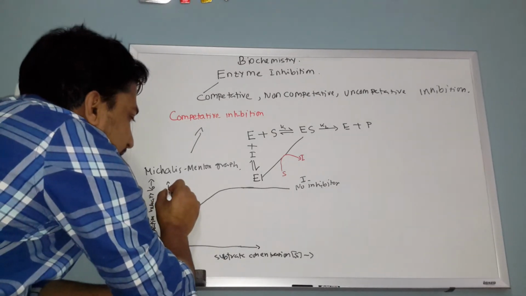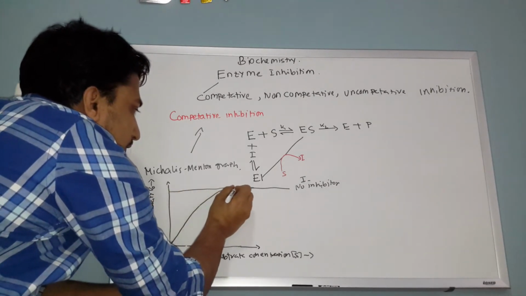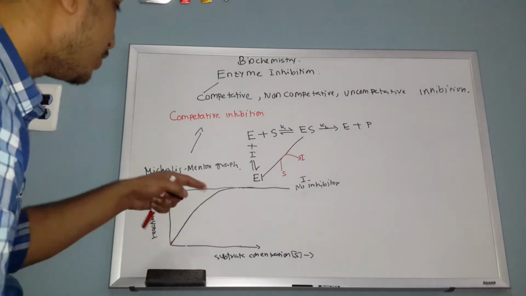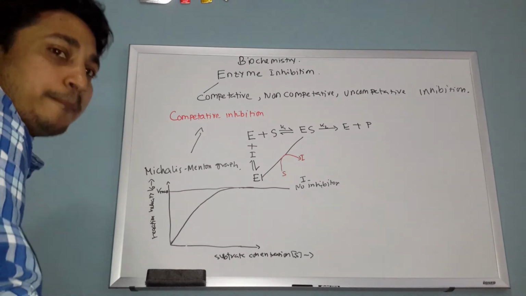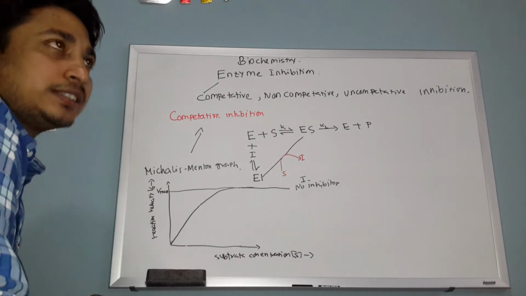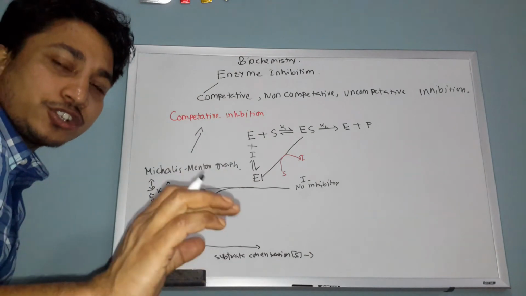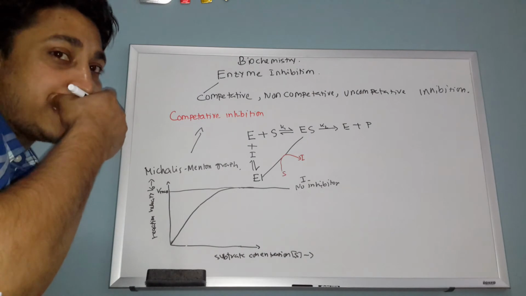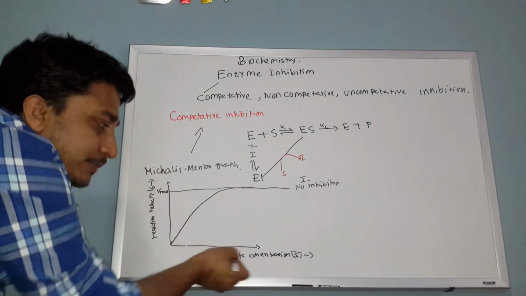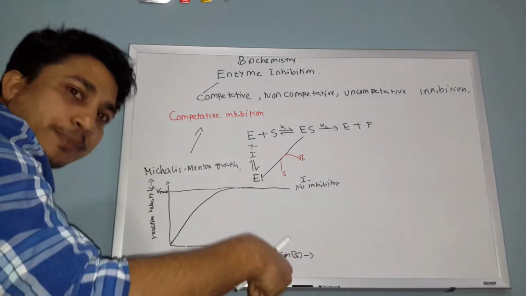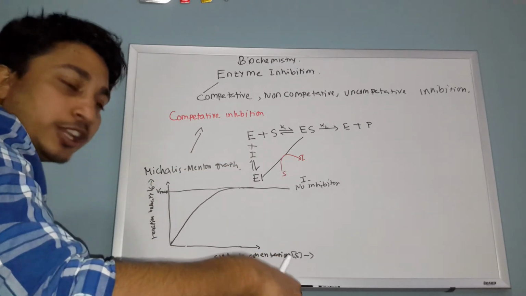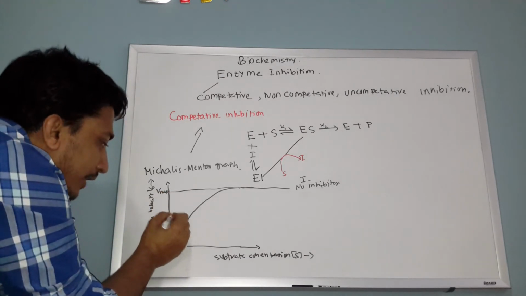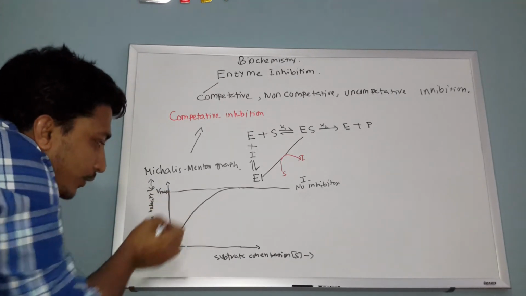Look right now what happened. This is your Vmax, the V maximum. You know that at Km, the substrate concentration is equal to half of Vmax. Half of Vmax means what? In here is going to be your half of V. If you compare this one and this one, what is your half?